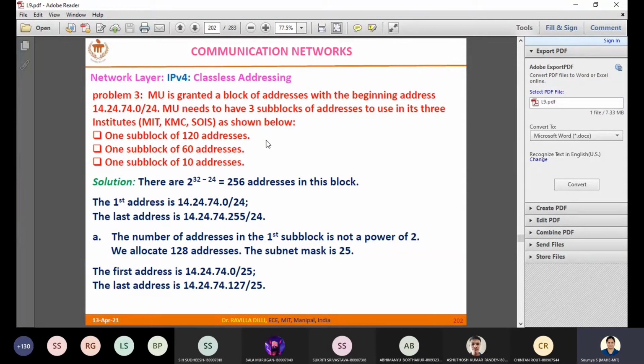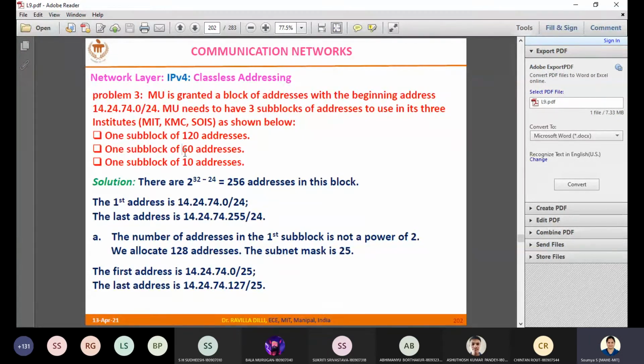Is 120 a power of 2? No, isn't it? But then how many do you allocate? You should never allocate a lesser number of addresses. You should always allocate the nearest value that is a power of 2. Now, if it is 120, how many addresses will you allocate? You can take 128, isn't it? 128 is a power of 2, right?